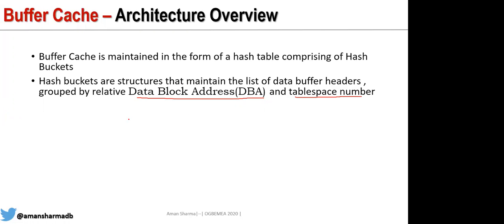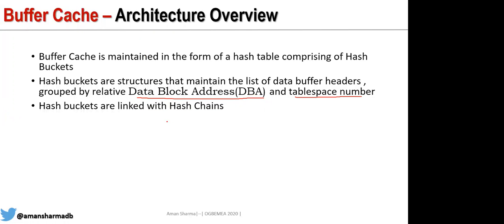So if I have a block, a data block address is generated for that block, and Oracle uses this data block address to hash the block and then allocate that block in the system.